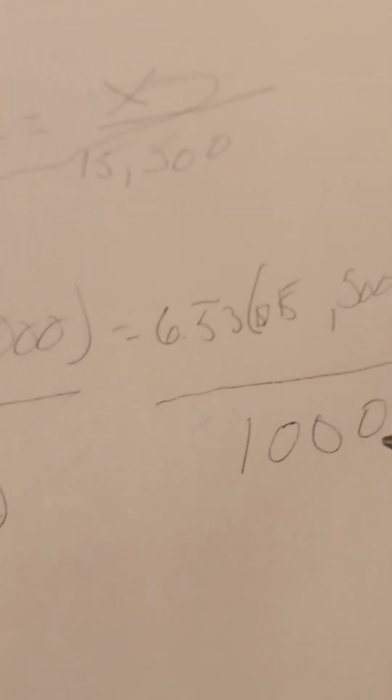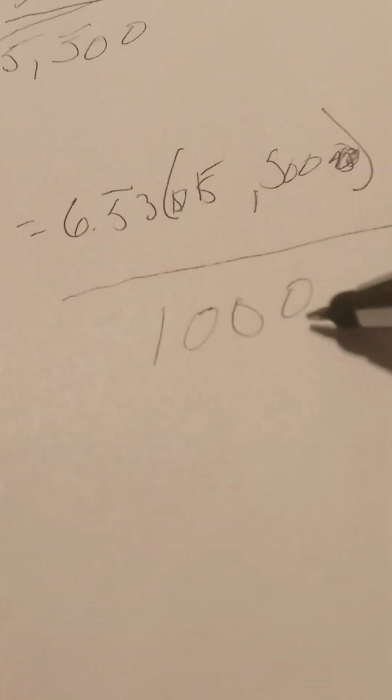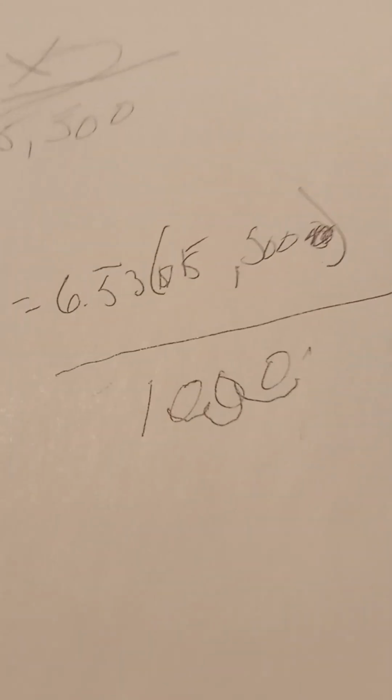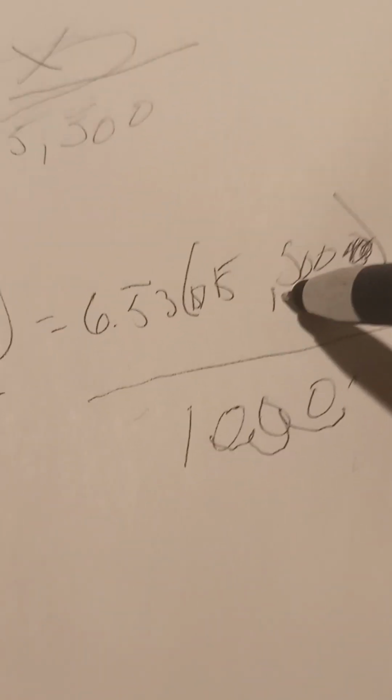This tells me if I'm going to do a division, I need to move the decimal back 3 places. 1, 2, 3. I'm going to move the decimal back out of this big number, 15,500. If I move my decimal back 3 spaces, I get 1, 2, 3.